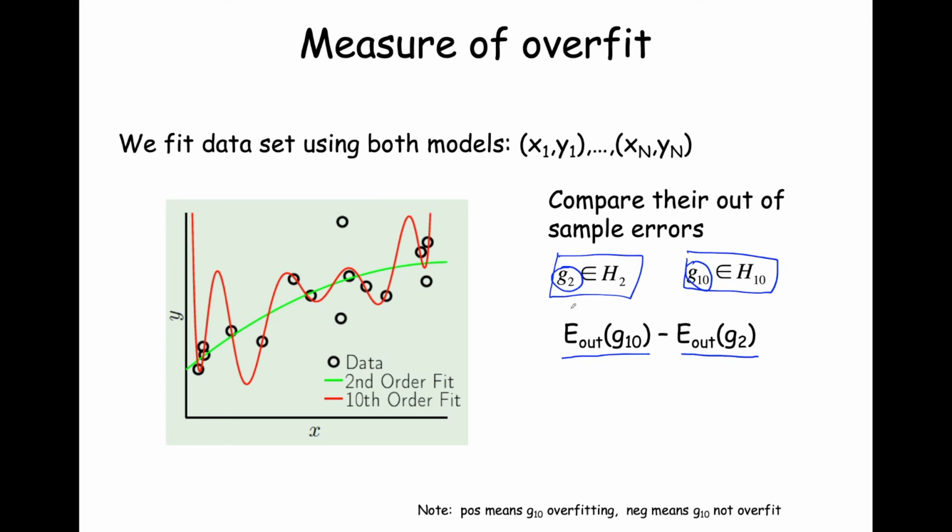If this expression is positive, it means we're overfitting, because E out of G10 is greater than E out of G2, meaning G10 is more complex and it overfits, and we get a bigger difference. If this value is negative, it means G10 is not overfitting.